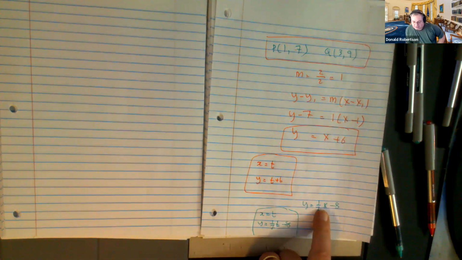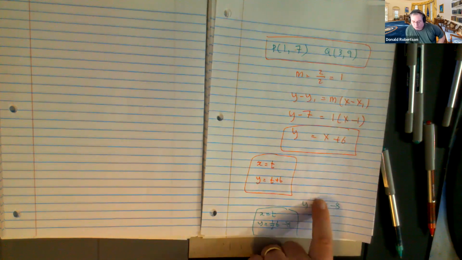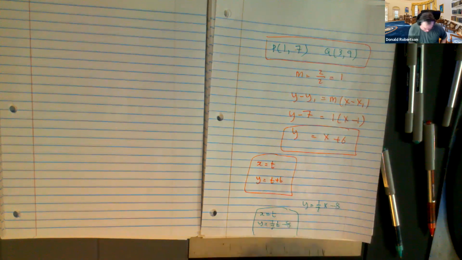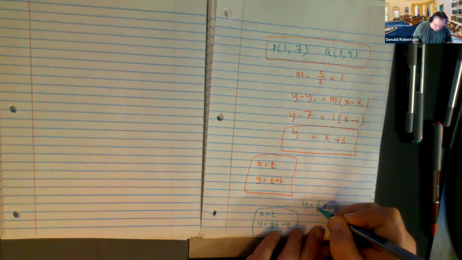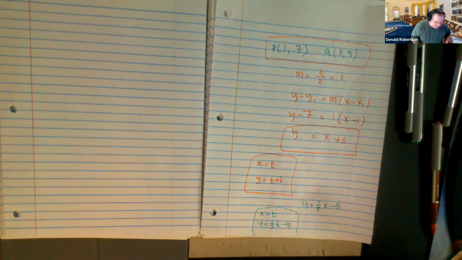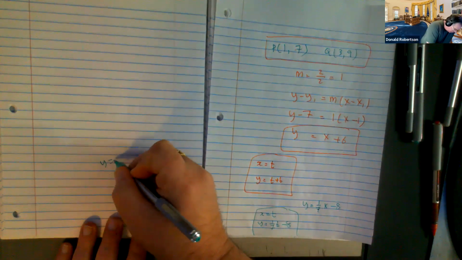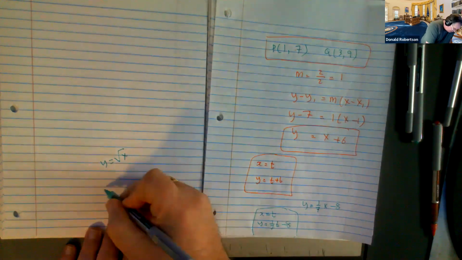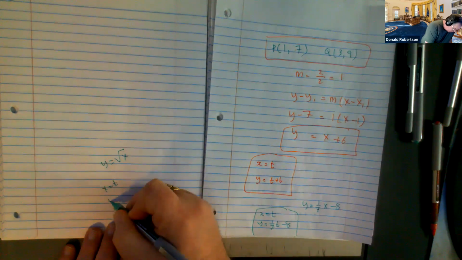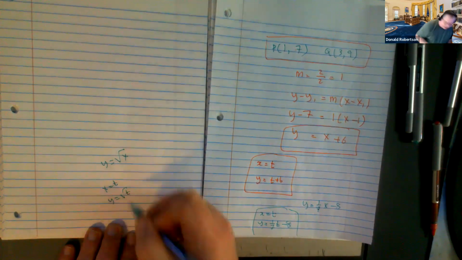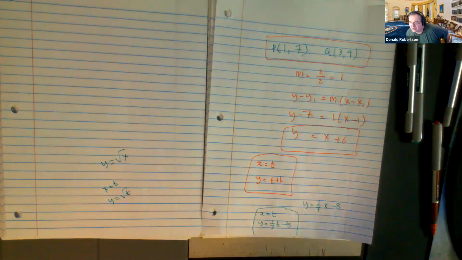If I make x t, won't y be 1/7 t take away 8? Now, if the guy that you've got is a square root function, make x equals t, and y now becomes the square root of t. And that's how you turn a curve like y equals x squared and so on into parametric. Just make x equal t and y equal the formula.